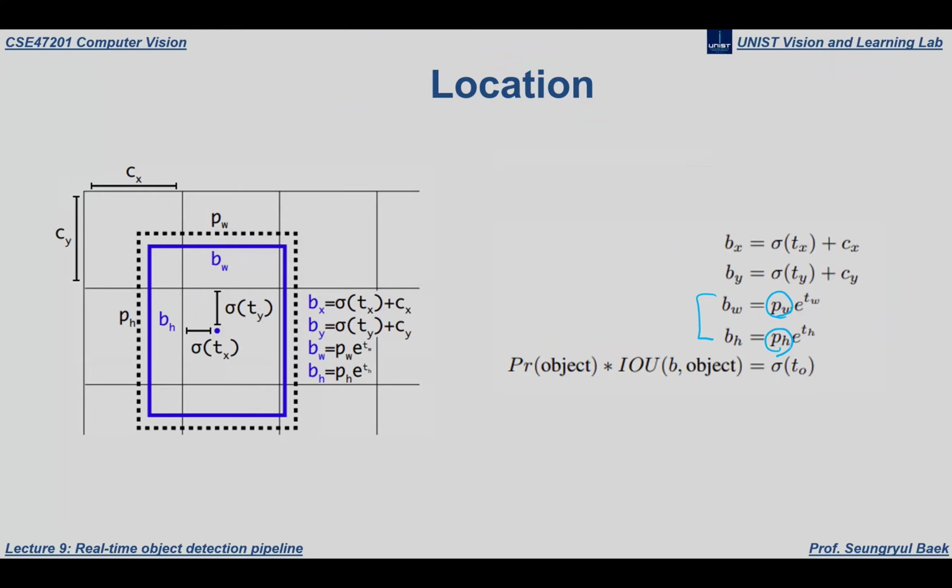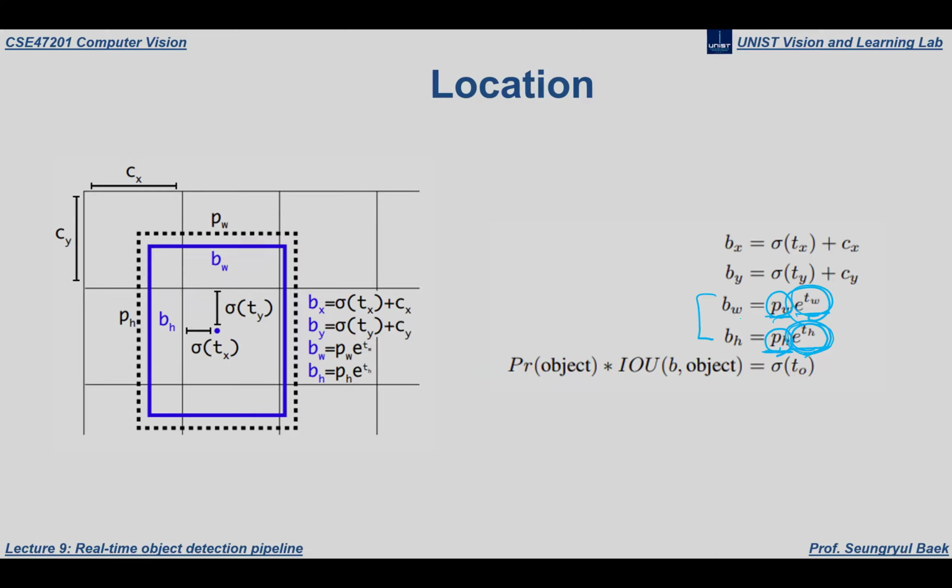So this is the width and height coming from the training data, their prior. And now what they do is, rather than estimating the raw values for the width and height of the bounding box, they estimate their ratio compared to the prior. This means that, starting from this PW and PH, they only estimate the ratio to this prior.